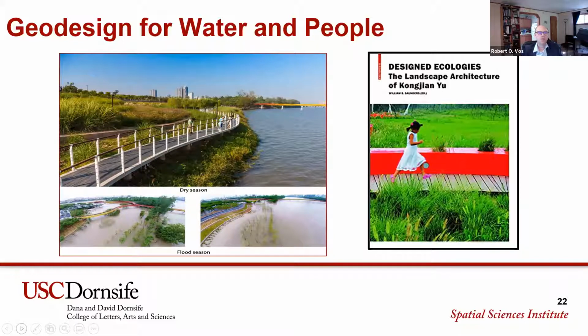And you can see, for example, that in the dry season, there's an elevated platform that goes over the constructed wetland. And then in the flooded seasons, some of those elevated platforms might be closed, others might be elevated even higher, enough that even in the worst flooding, they get over that flooding, right? And so it's a way of providing a pedestrian connection. It's a way of doing groundwater recharge.